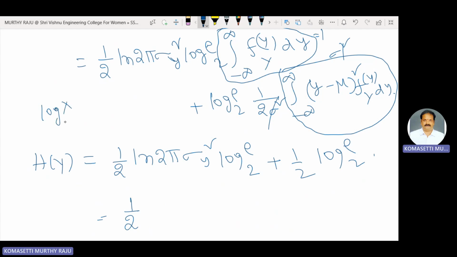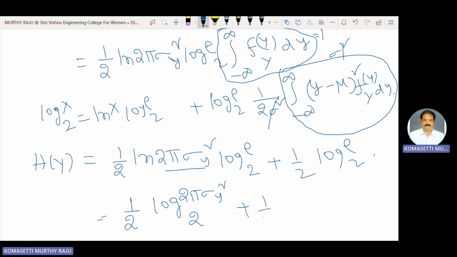Log x to the base 2 is equal to ln x into log e to the base 2. This entire term can be written as, x is 2 pi sigma y square. Log 2 pi sigma y square to the base 2 plus 1 by 2 log e to the base 2.